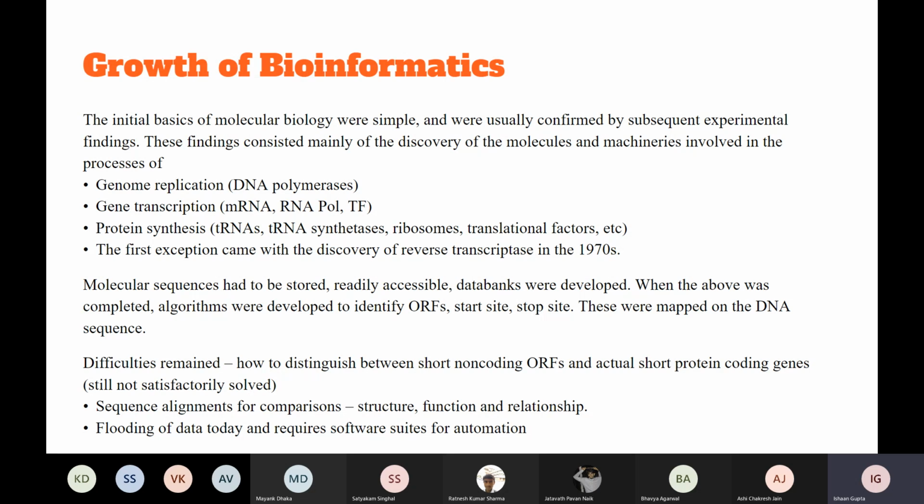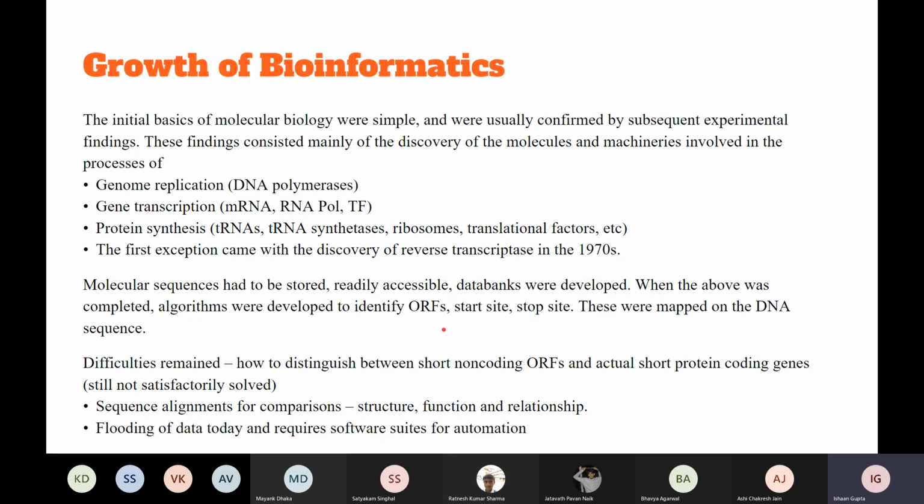So these molecular sequences which came about had to be stored, they had to be readily accessible, and therefore databases or data banks were developed for this. When you had a lot of information, algorithms were developed to identify specific features within these molecules.